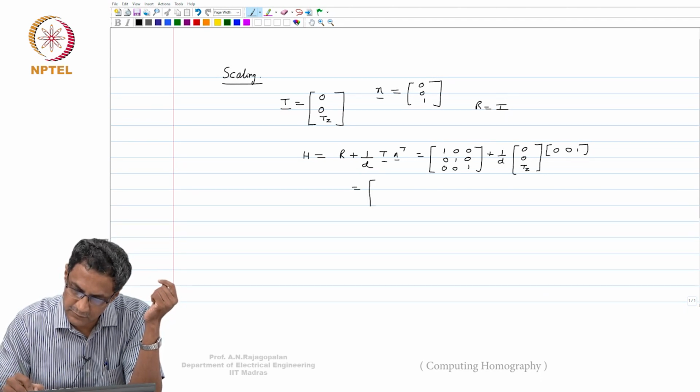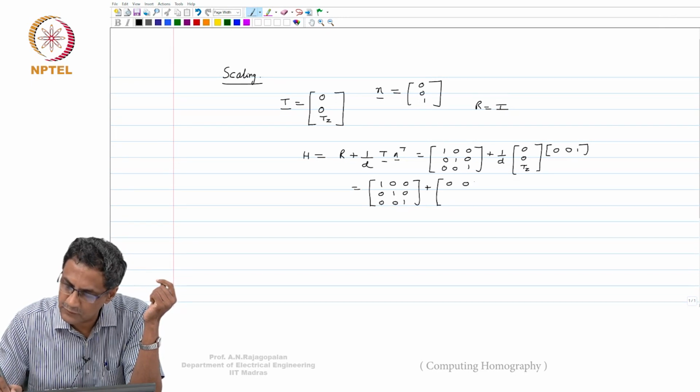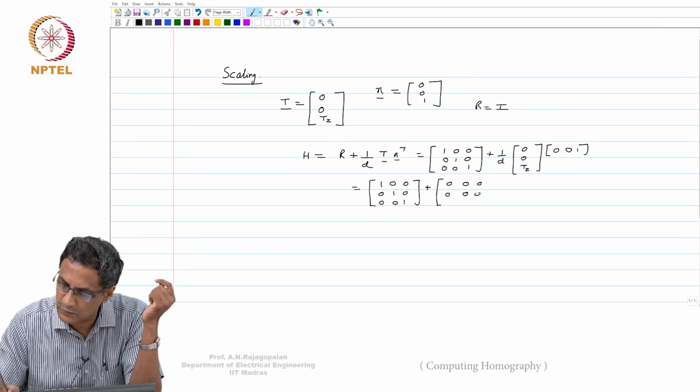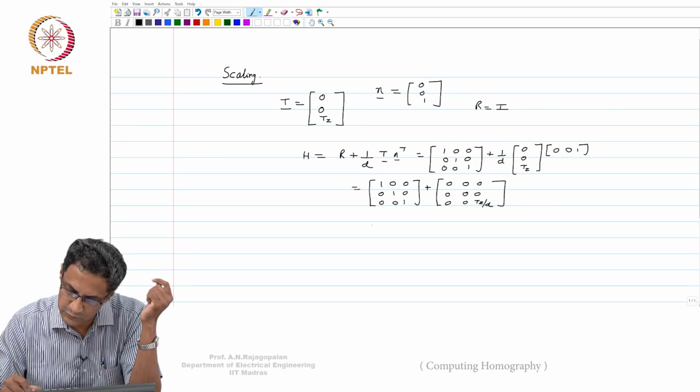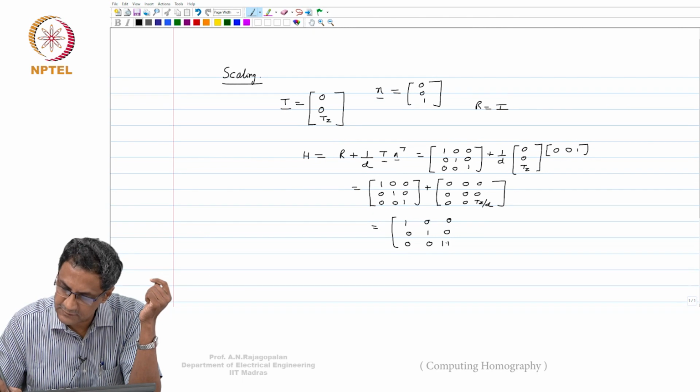So under this condition, you get the identity plus a matrix of zeros with 0, 0, tz by d in the last row.